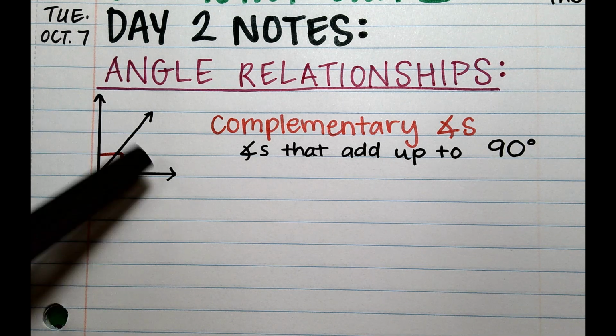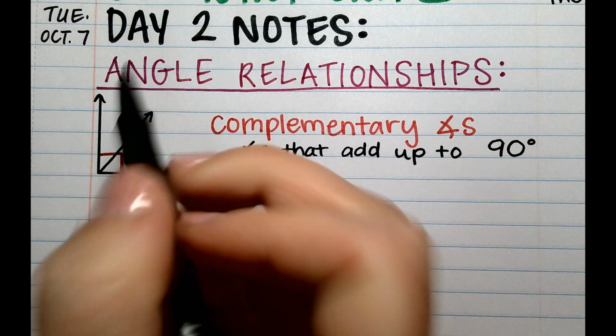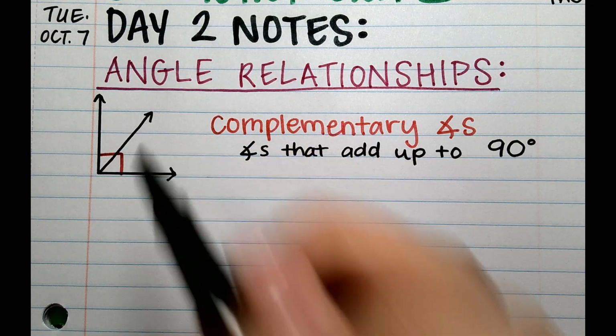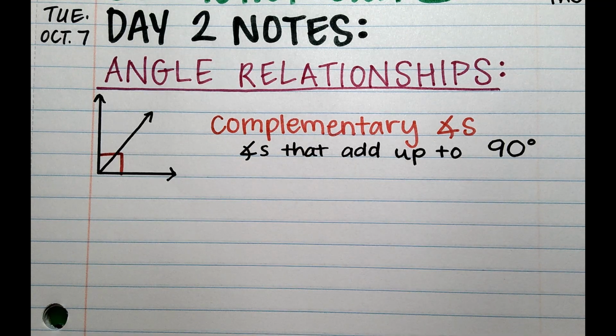Now, it doesn't have to just be 2 angles. If I drew another ray in here, I would have 3 angles. Those are still complementary. I would just need to add all 3 of them up to get the 90.